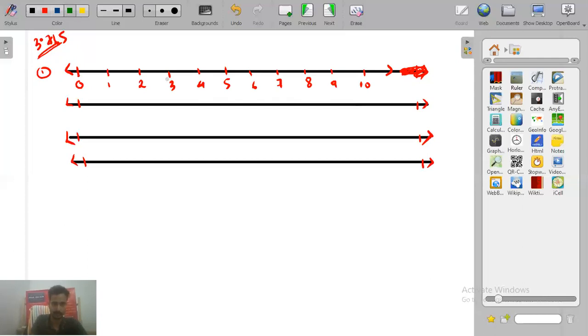Give an arrow mark like this. Okay. And 4, you have to write down like this. So it is like this. Yes or no?